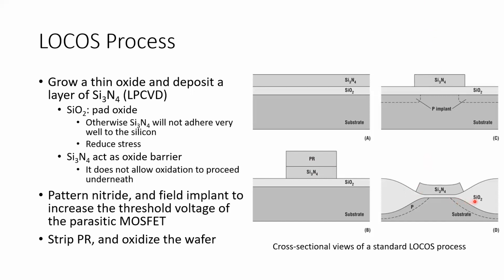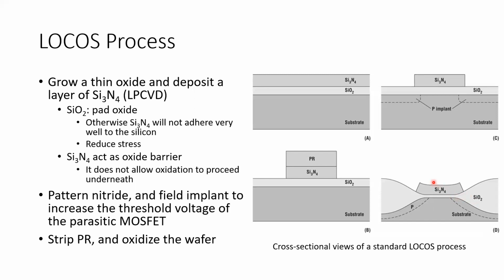When silicon dioxide forms, it consumes about 44% of the silicon, and after the silicon oxide is formed, the volume will increase by about one time. So this introduces a beak, like a bird's beak.